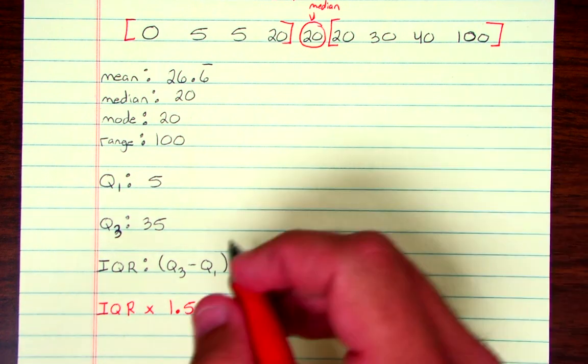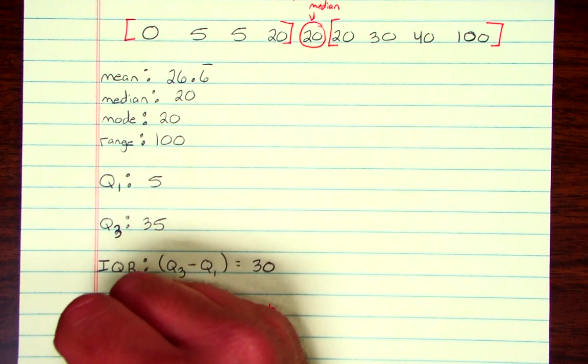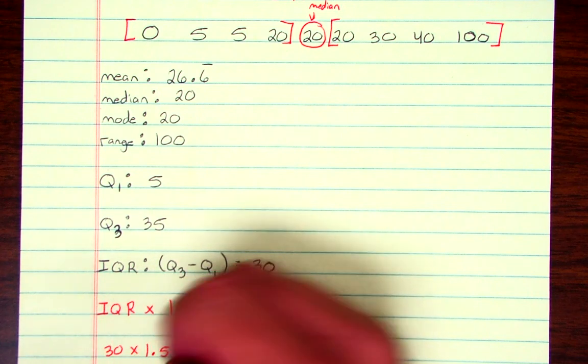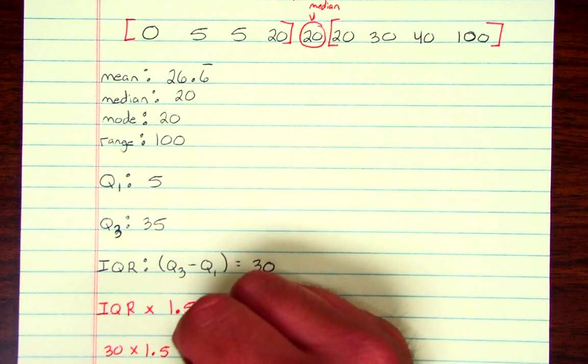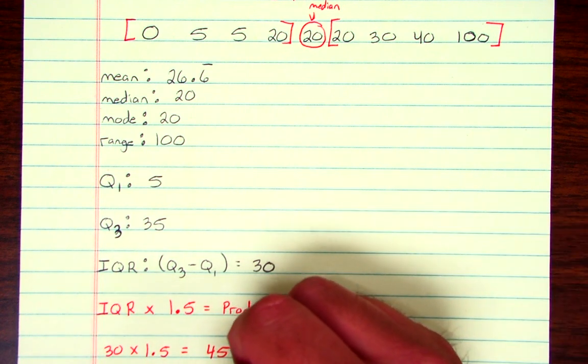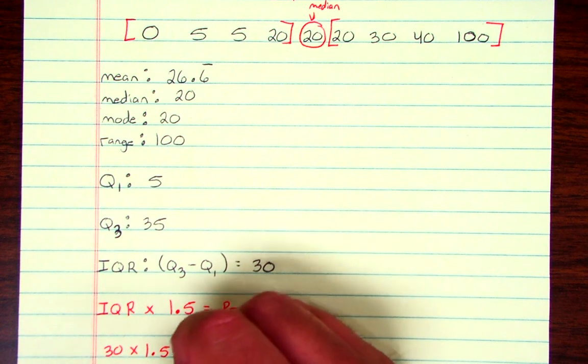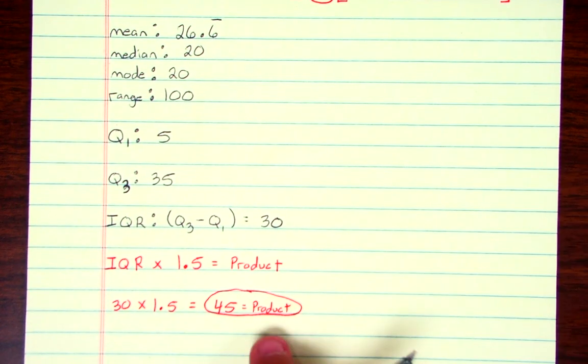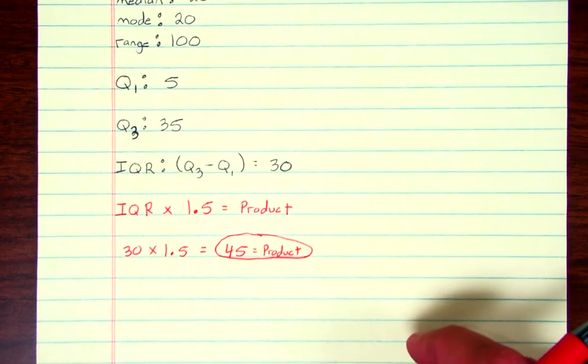All right, so let's take my IQR, which is 30. If you multiply it by 1.5, that gives you a product of 45. I'm going to circle this because I need that number. So 45 is equal to the product.